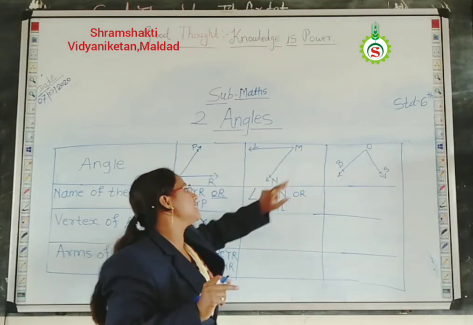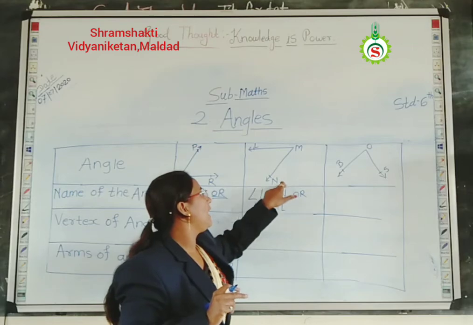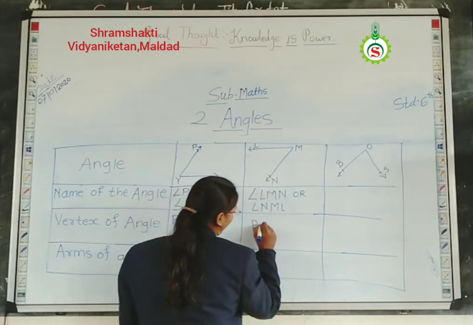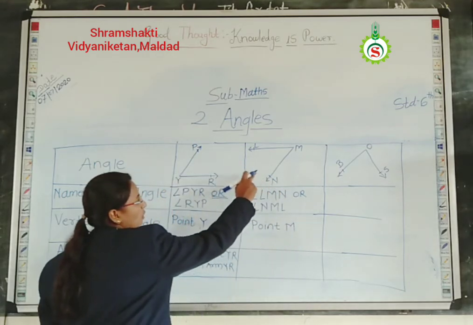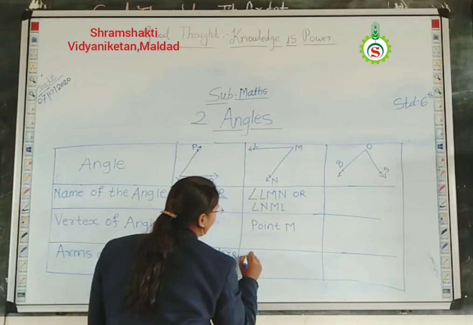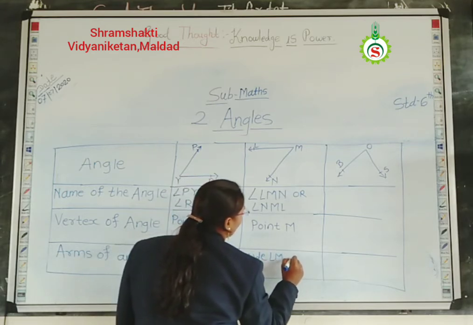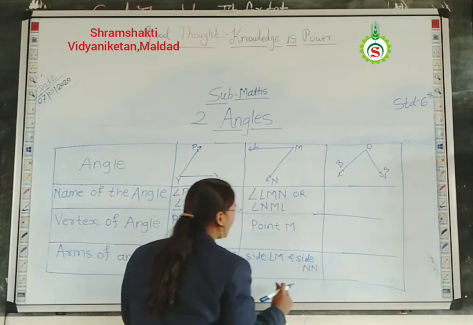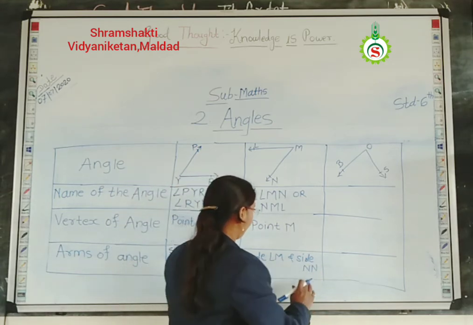Yes, the vertex is M, because the two sides LM and NM are joined at point M. So the vertex is point M. And which are the arms for this angle? Side LM and side NM. You may write them as ray LM and ray NM.